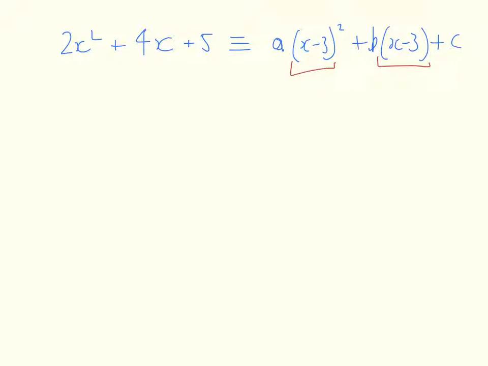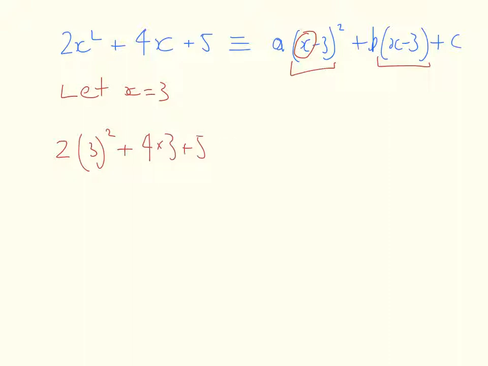Either way, start by substituting in that value. What I mean by that value is whatever number will give me that bracket equaling 0. In this case, I'm going to let x equal 3. Now I've got to substitute that in on both sides of the equation. So I end up with 2(3²) + 4(3) + 5.